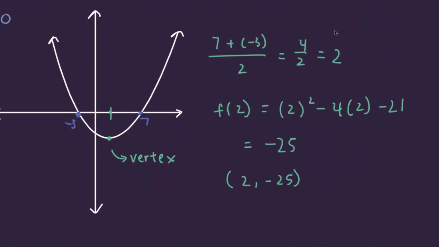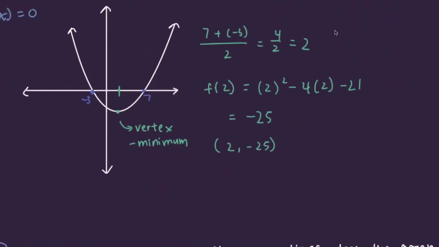The vertex can also be our minimum, and it would be the maximum if our graph is the upside down U, which would be here. That's also the vertex. So the vertex of this graph is 2, negative 25.